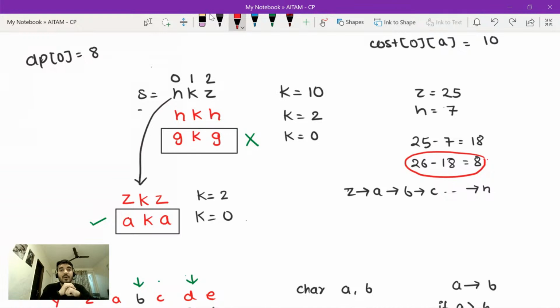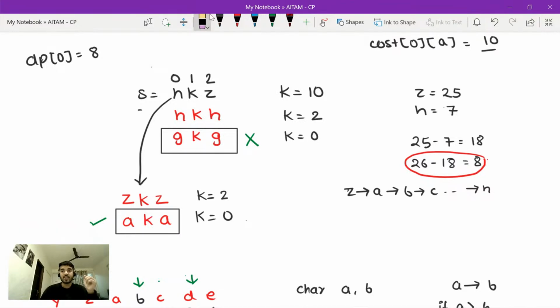Or light. So let me just quickly check how many operations we require. Okay, so let's say we require 10 operations.